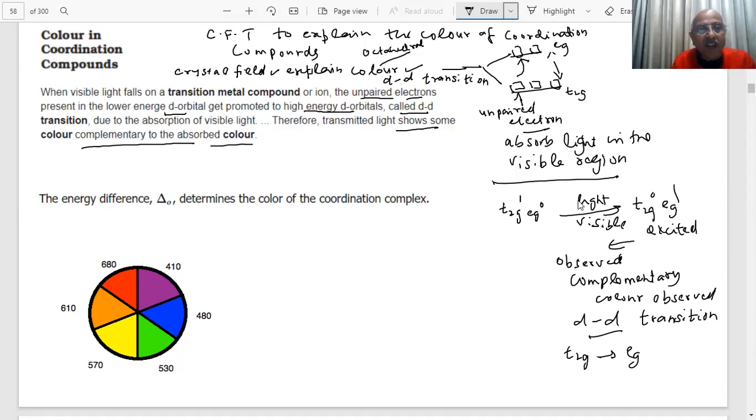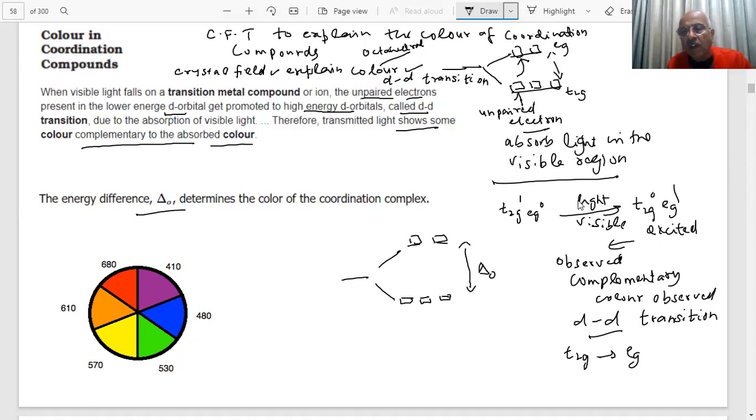So the color will depend on what, student? The energy difference, delta O. This energy gap will decide. This energy gap, delta O, is different for different ligands. Clear? So the value will change.